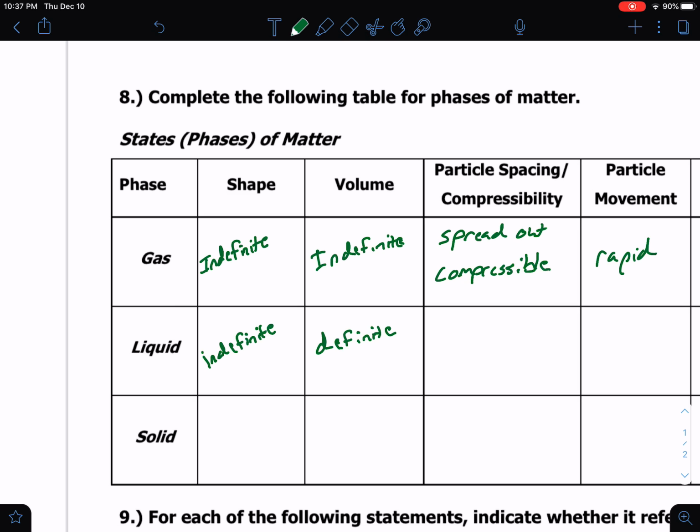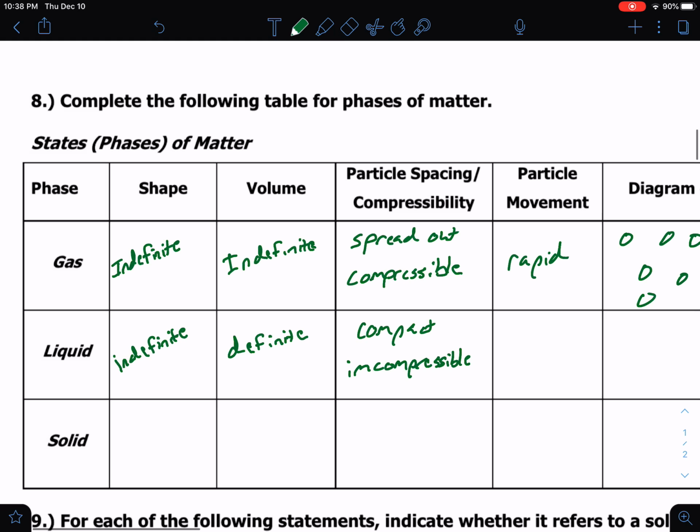Particle spacing: it's going to be a little more compact and a little bit more dense than gas. As far as compressibility, most of it is incompressible. You can compress it to a certain extent, but you will quickly run out of space. Particle movement is going to be less than gas but more than solid.